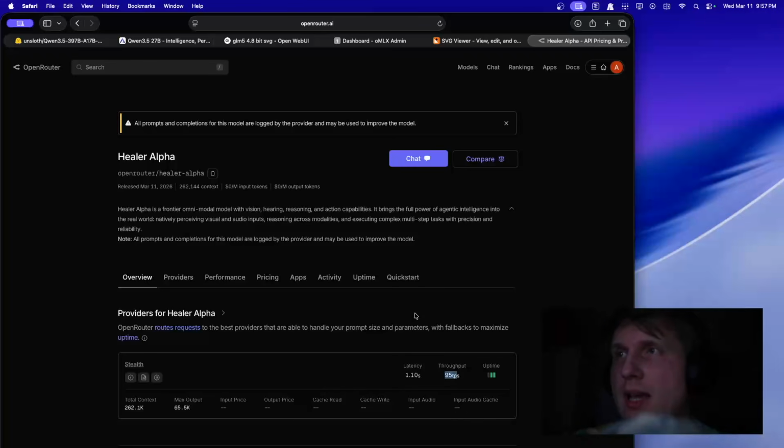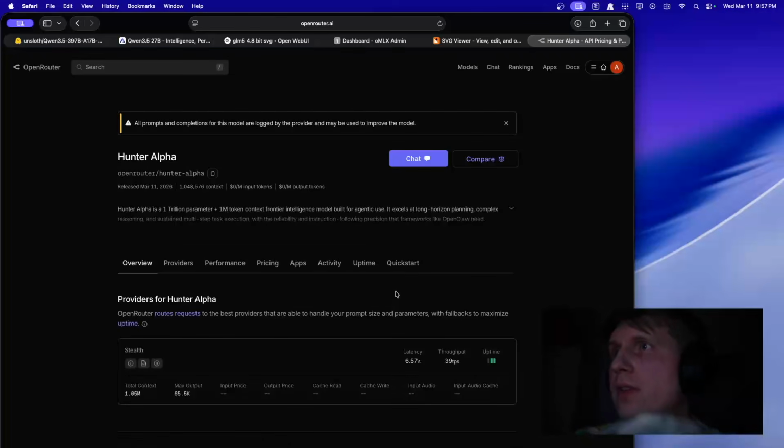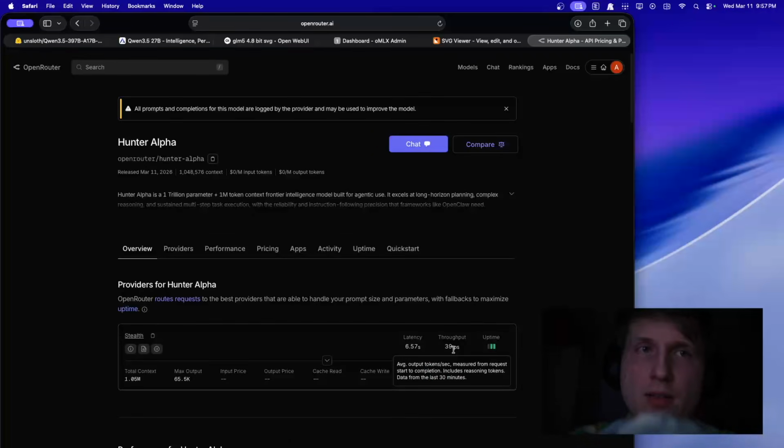We can also check by throughput. This one is like 95 tokens per second, and for this one it is 39 tokens per second. So we can quickly gauge that this one is probably larger or has more active parameters, so it would be harder to run and thus has a slower output speed.